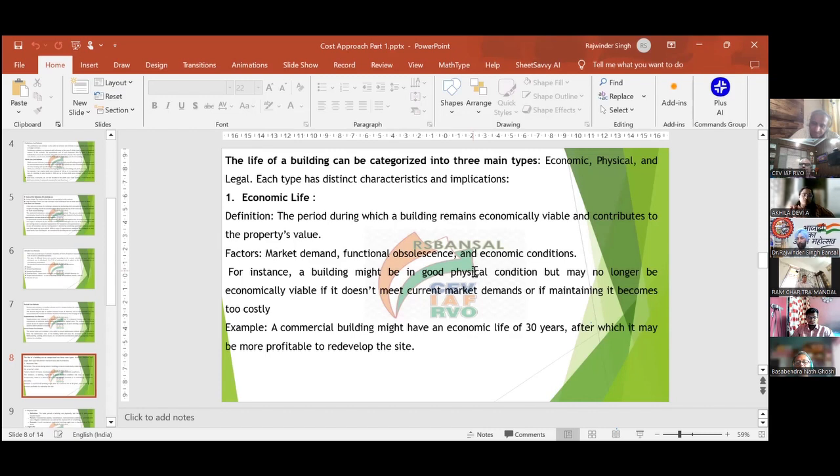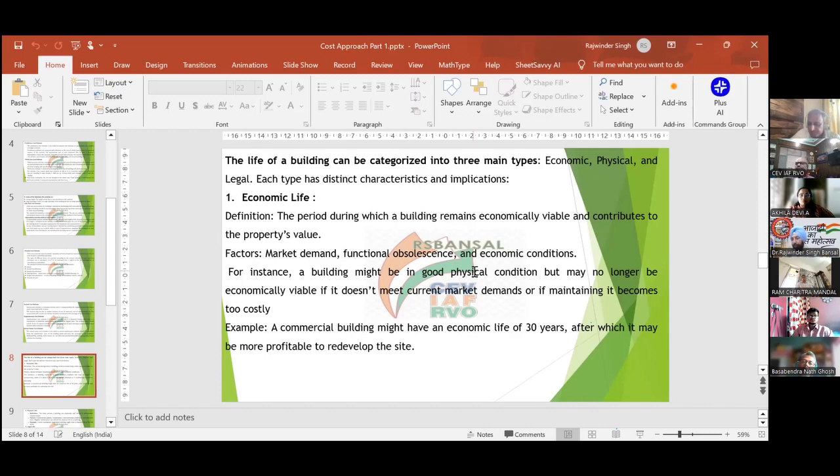So the period during which the building remains economically viable, first thing. Second thing, it is contributing to the property's value. Means if the property's value starts declining, even though it is useful, still you can live in it. It is not that you cannot live in a building whose economic life has come to an end.